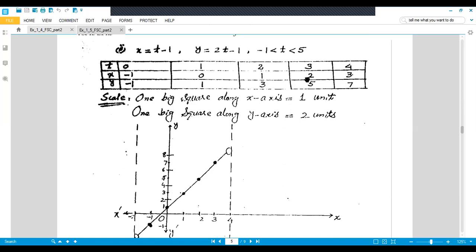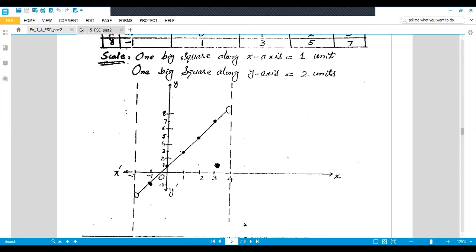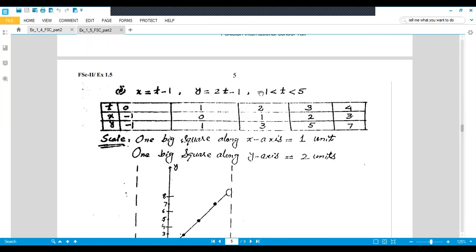When x is 2, y is 5. Above 2, in front of 5, you put a point. When x is 3, y is 7. So above 3, you put a point in front of 7. And these are the test points. Look, minus 1 and 5 are not included.